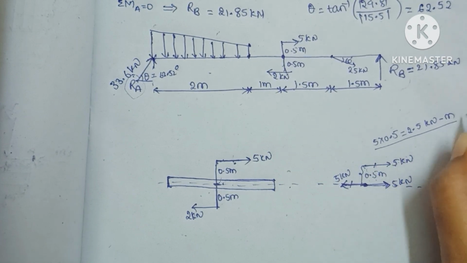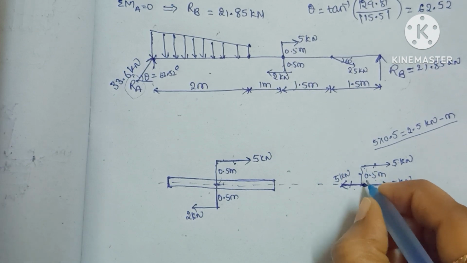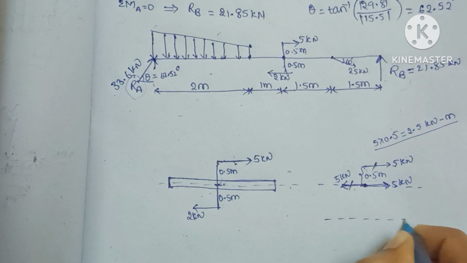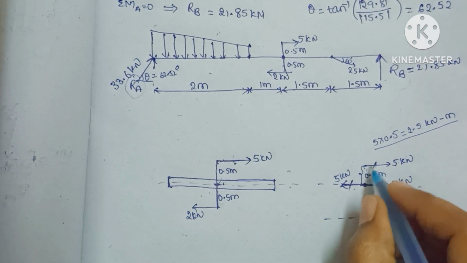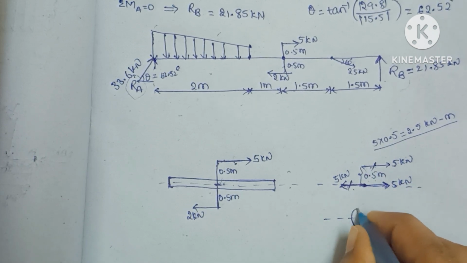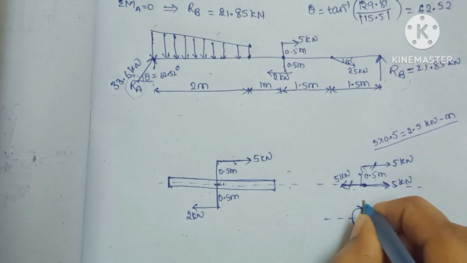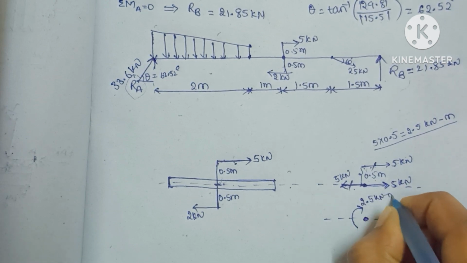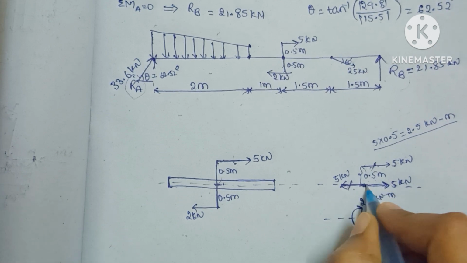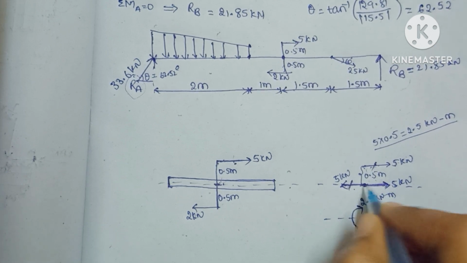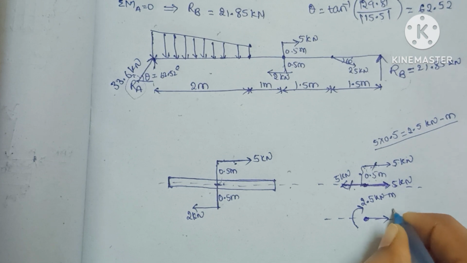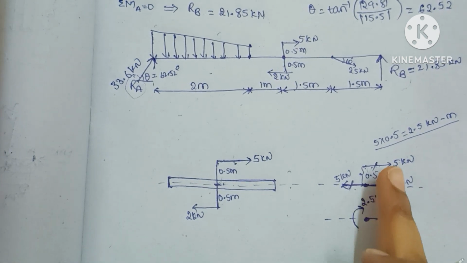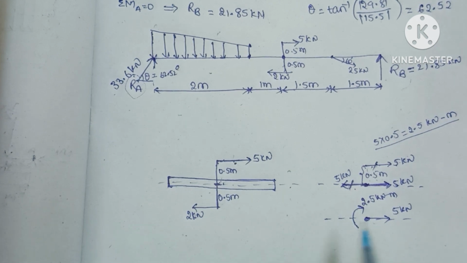This is the moment caused by these two loads. This point is cancelled, this point is cancelled. Now I am writing here: from these two loads we got a moment of 2.5 kilonewton meter, and one force is acting at this point, which we represent here. In this way we can shift the loads to the axis point.